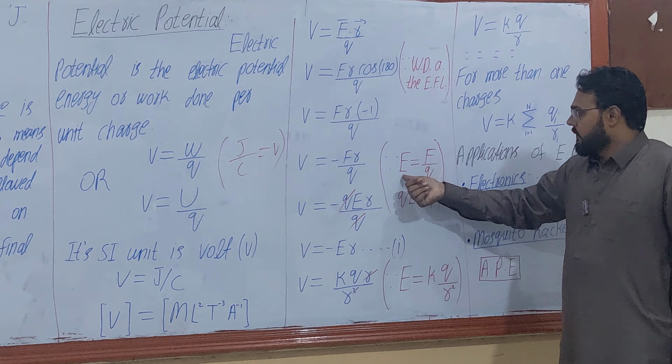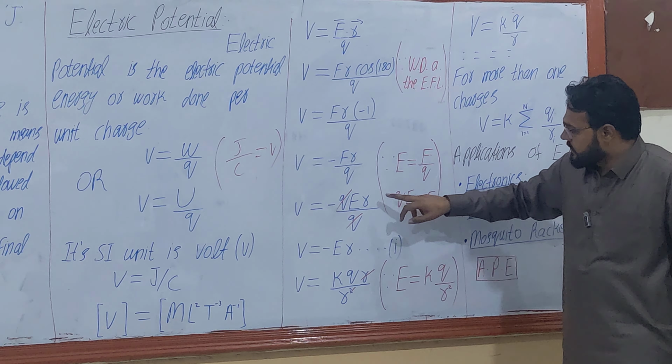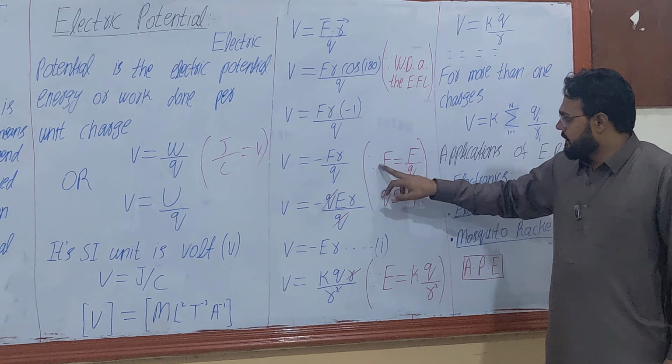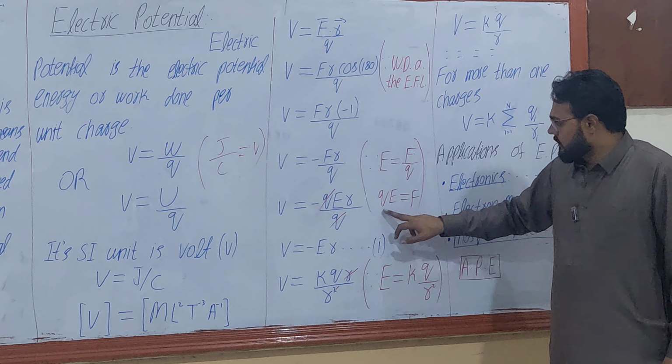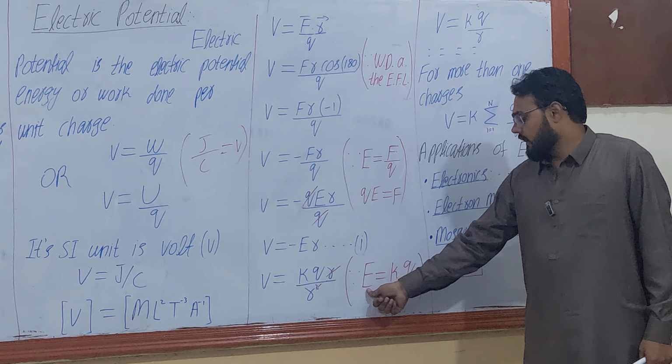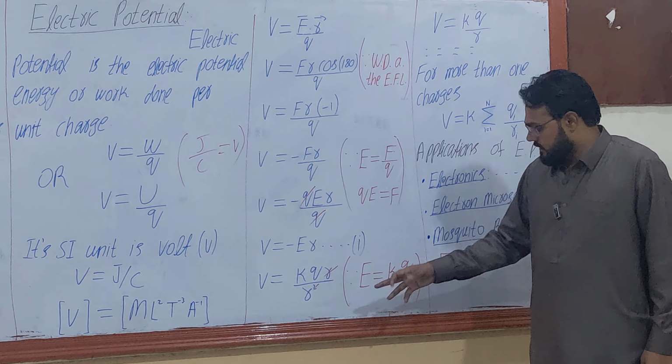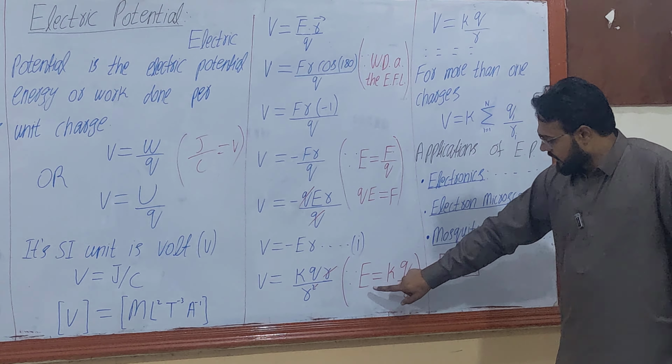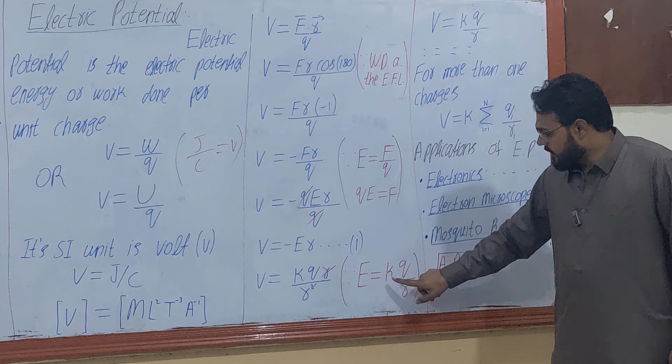As we know, electric field strength is equal to force per unit charge, so F is equal to QE. By putting the value of F, we get electric potential in terms of electric field and distance. And electric field strength, I already explained in the previous lecture, E is equal to KQ over R squared.